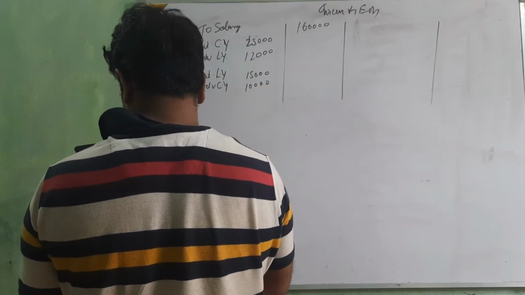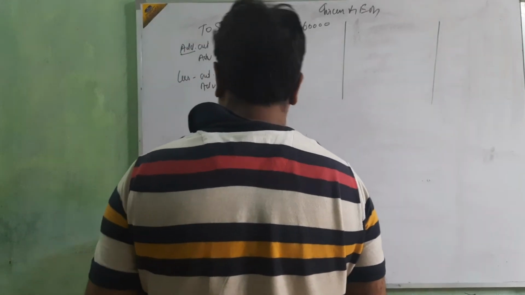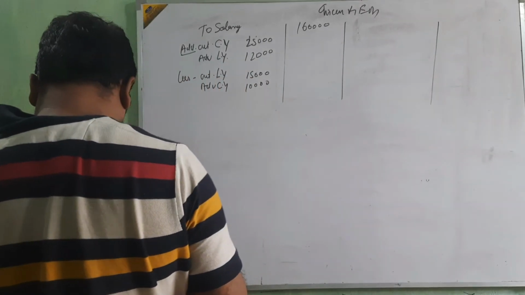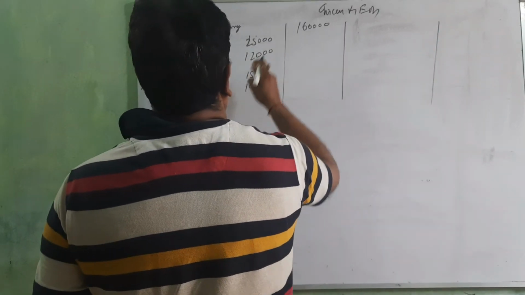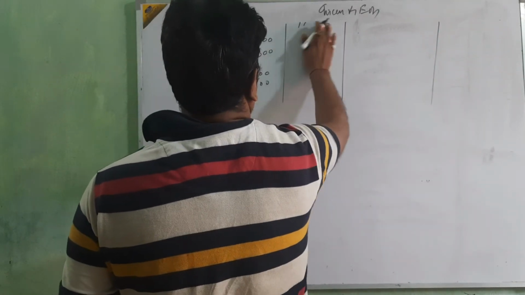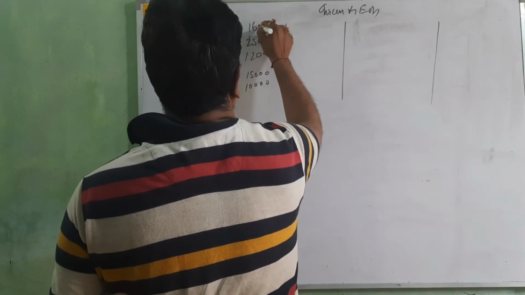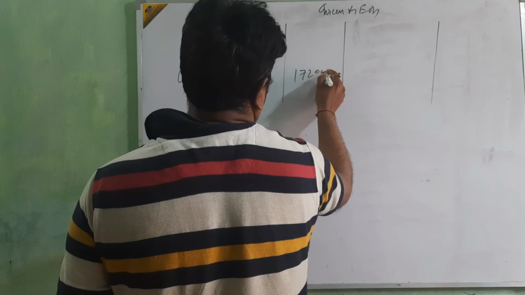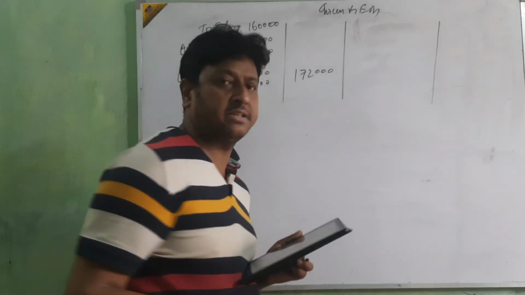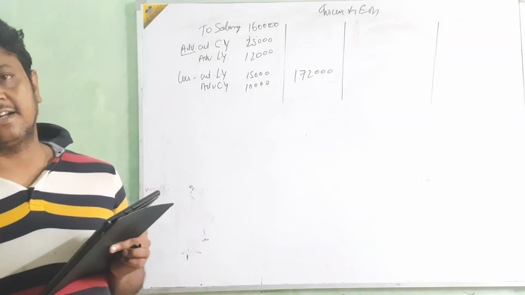Okay, clear? 25 and 12 are added to 160, outside 170. Okay, only this. Clear? Clear, beta?